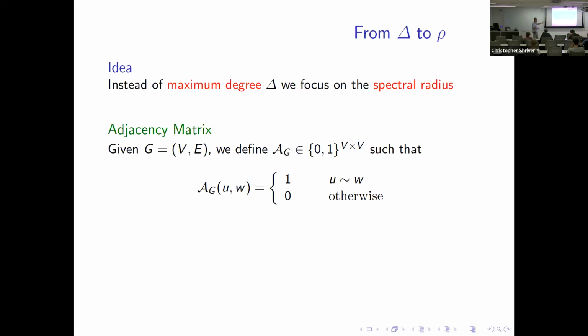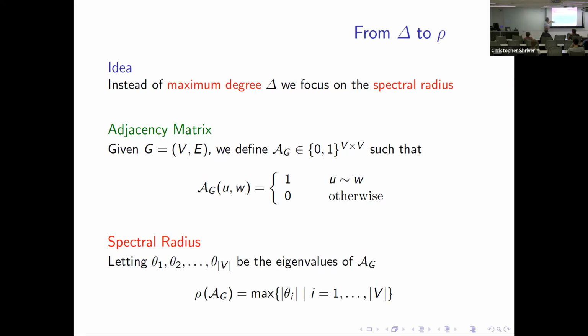The adjacency matrix is one of the best matrices you can hope to encounter in your life. It's symmetric. It's really beautiful. So, spectral radius. What is spectral radius? If theta 1, theta 2, ..., theta n are the eigenvalues of the adjacency matrix, I just pick the largest eigenvalue in magnitude.